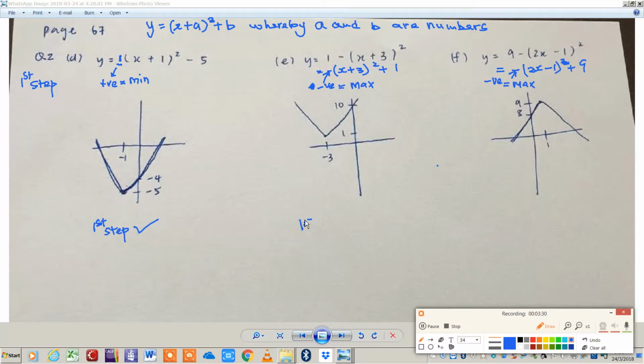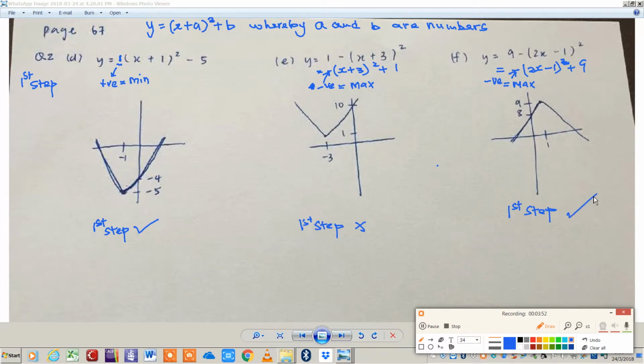First step, we have done it wrong. Okay, why? Because what you sketch is a minimum graph. Okay, this one, first step is a maximum. See, it's negative, so you got it correct.